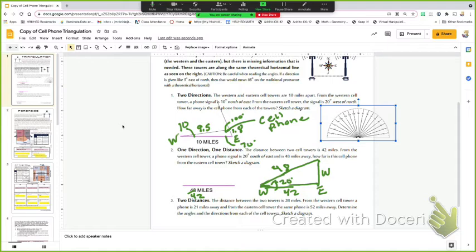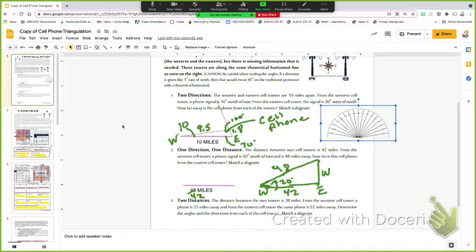We're looking for how far it is from the eastern tower. Now, I made my 48 look a little longer than my 42, just to get it a little bit to scale. We're going to transfer it to scale in a minute. So what case do I have here? Side, angle, side, side, side, side, angle, side, angle. What case do I have in this one?